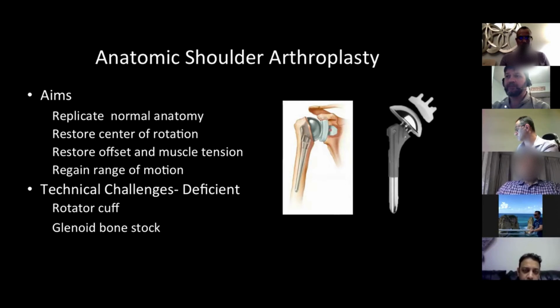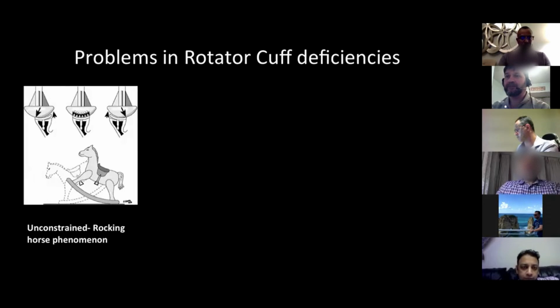Technical challenges encountered in shoulder arthroplasty include dealing with a rotator cuff deficient arthritic shoulder and one with a deficient glenoid bone stock. Prosthetic replacement of the shoulder joint with rotator cuff deficiency requires a constrained prosthesis.